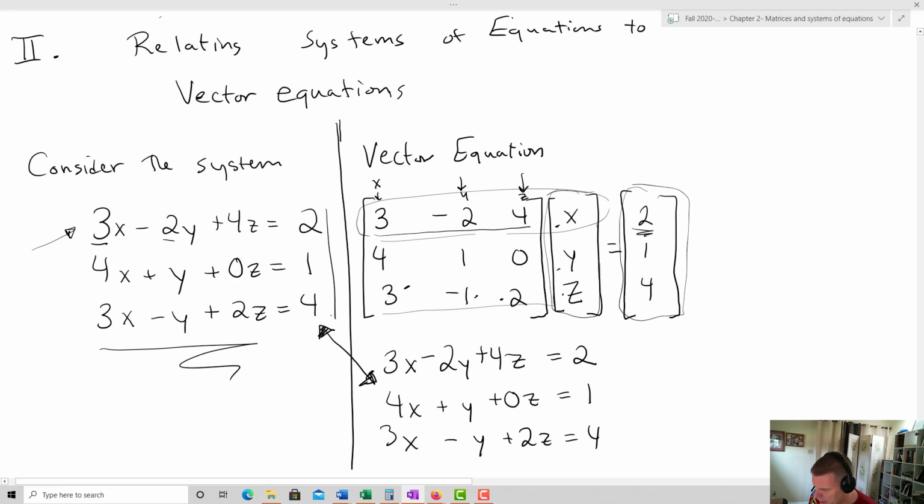Okay, so let's talk a little bit about some notation and some definitions. This thing here, we'll call it A. A is called the coefficient matrix. It's made up of coefficients from the system of equations.